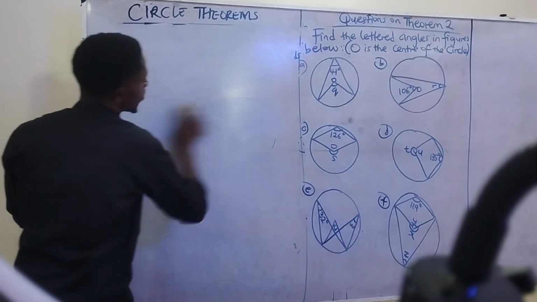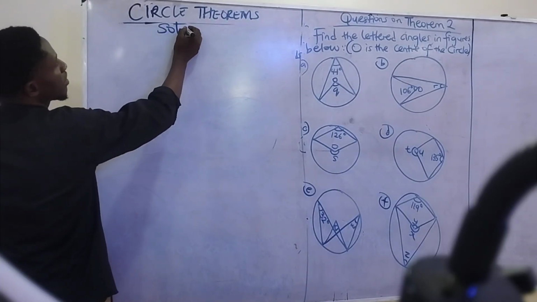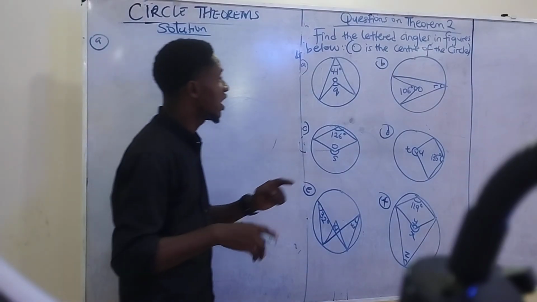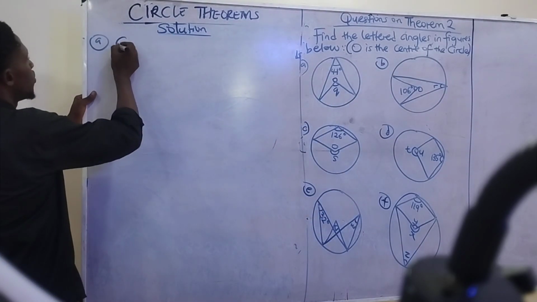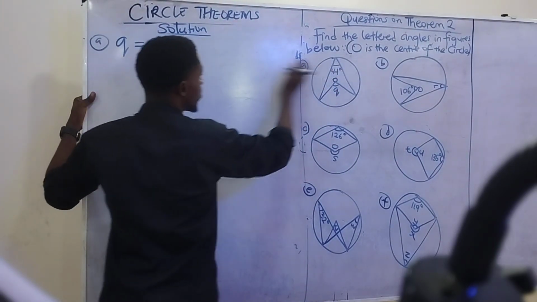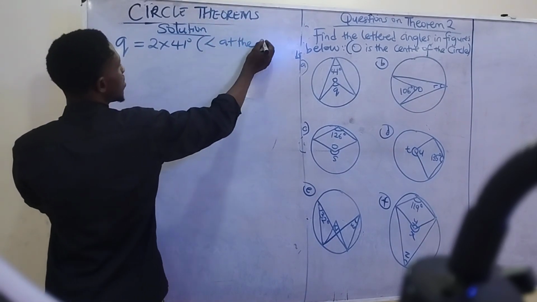So going by this question, we have A. So let's start with A there. First of all, locate the angle at the center. The angle at the center is Q. So we have Q is equal to 2 times the angle at the circumference, 41 degrees. Angle at the center.